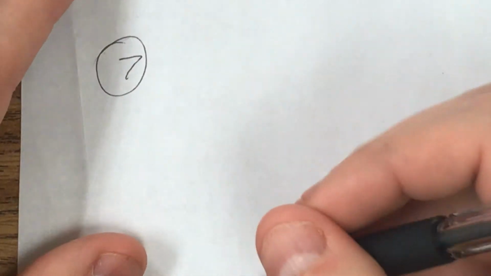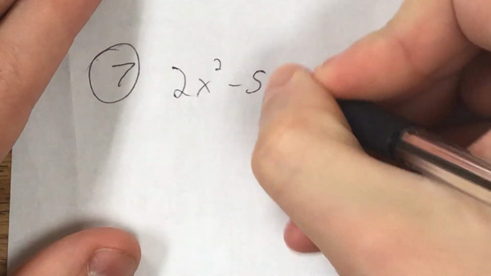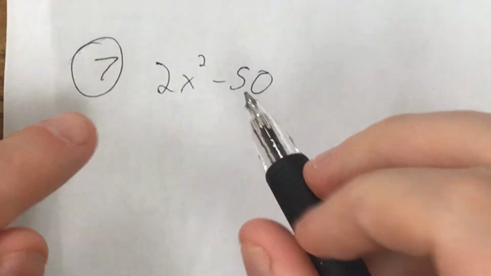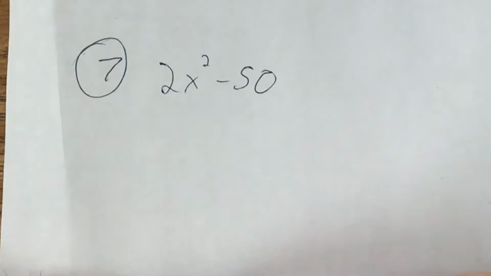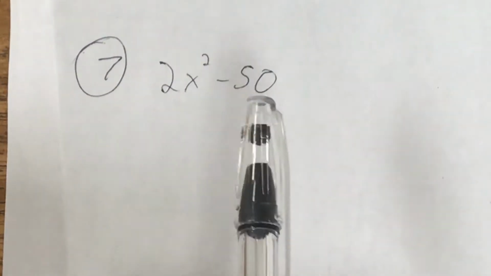And then you get really, really awesome problems. I'm not biased at all. Things like 2x squared minus 50, where it's like, well, you can't square root that, so it's not factorable. Except it is, because like I said, GCF works.